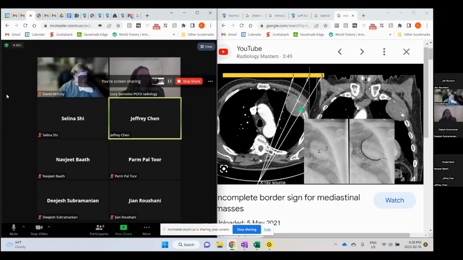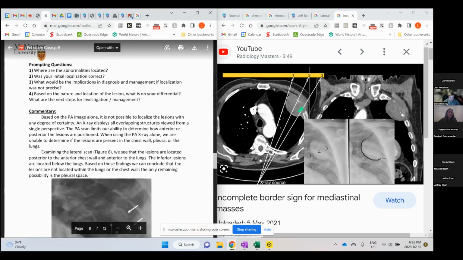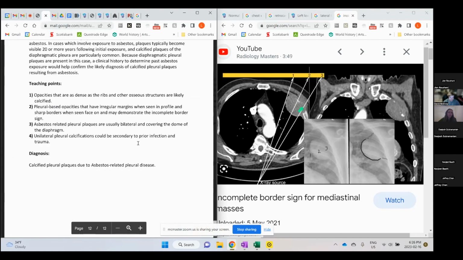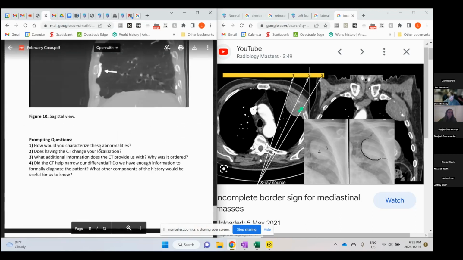I'm thinking just to better localize where the plaques are versus on a plain film. Okay. I guess this also ties into the second question, which is, does having CT change your localization?